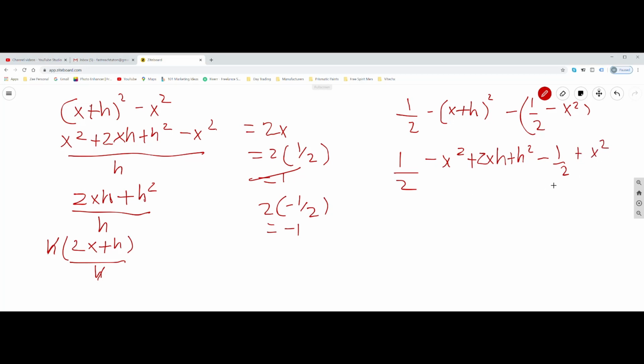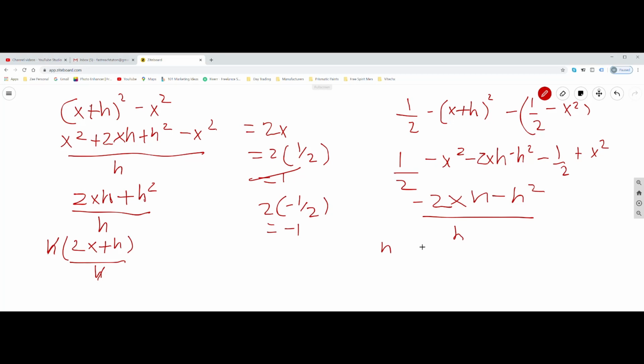So those cancel each other and you're left with, sorry, it's negative x squared, and you have negative 2xh and negative h squared. Now these cancel and these cancel, so you're left with negative 2xh minus h squared over h.